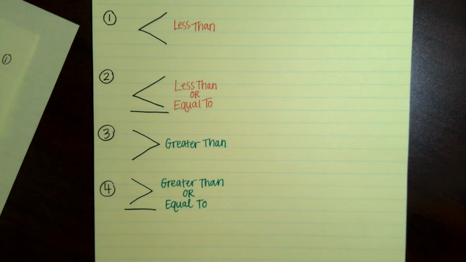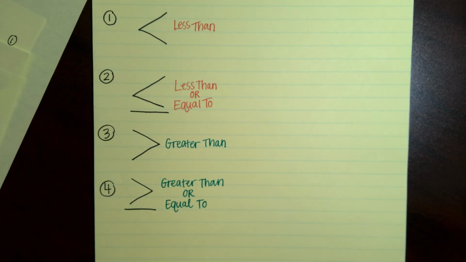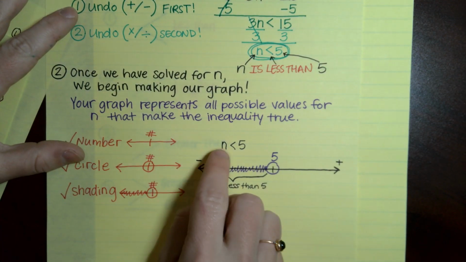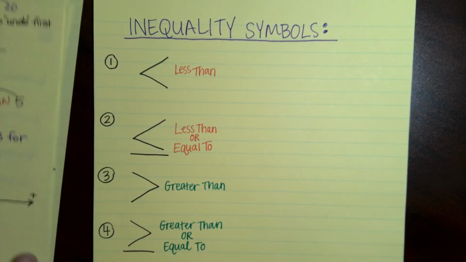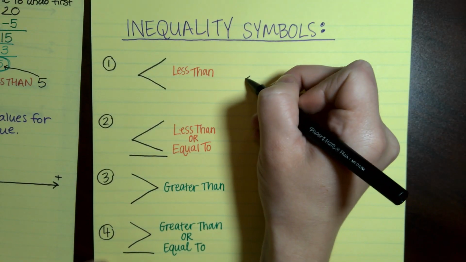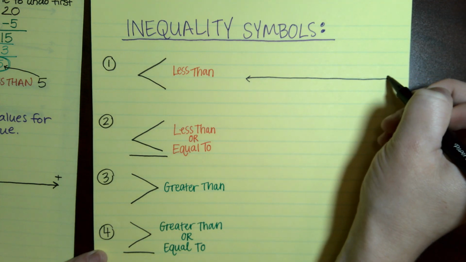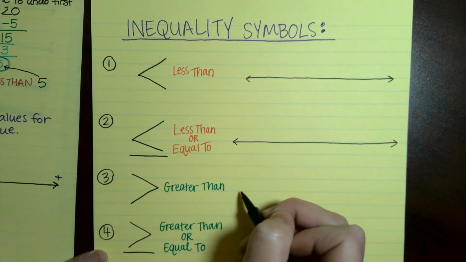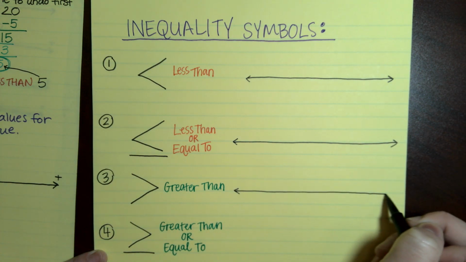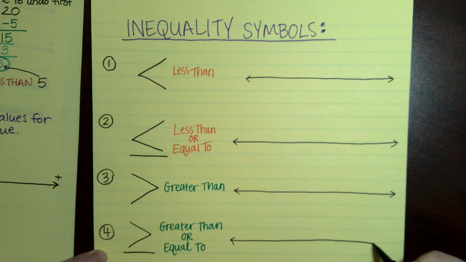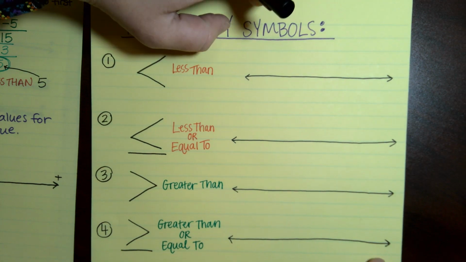I know. Okay, so let's use the inequality that we just solved to talk about this symbol. We got n is less than 5. So our first symbol is less than. Let's just draw a little guide for each one of these. I'm going to make a graph for each of these symbols, so that anytime I forget how to graph with any of these symbols, I have a key right here, okay?